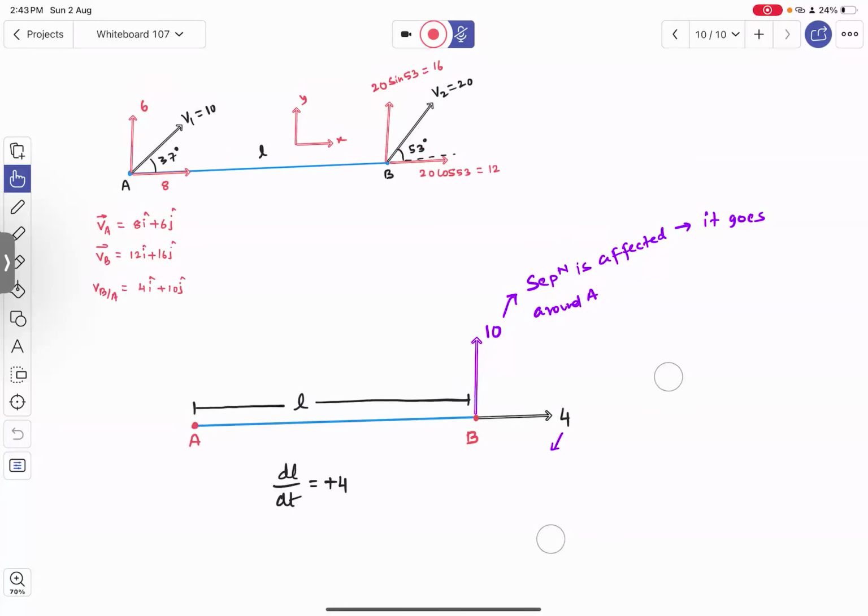So now I will write the general result. Copy this in case you're copying.